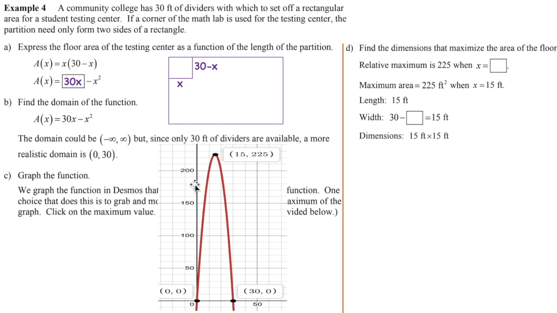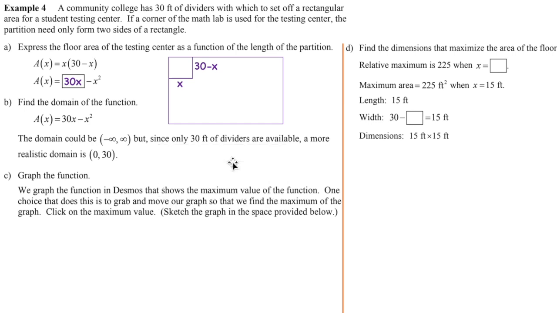When I graph this, the high point is (15, 225). So our relative maximum is 225 when our x value is 15, because we want to maximize this area. We want to use the most area with those 30 feet of dividers. So we get an area of 225 square feet when x is 15.